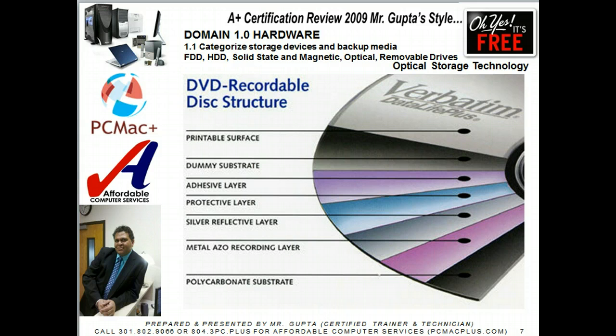The pits and lands on a DVD disc are much smaller than those on a CD, and they are also more closely packed. More information can be packed on the DVD because the size of each bit is physically smaller than on a CD. Because of this, the read laser also needs to be smaller.